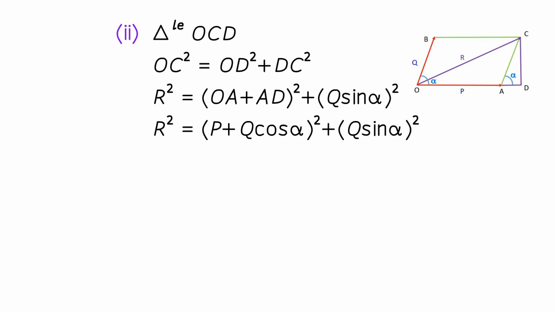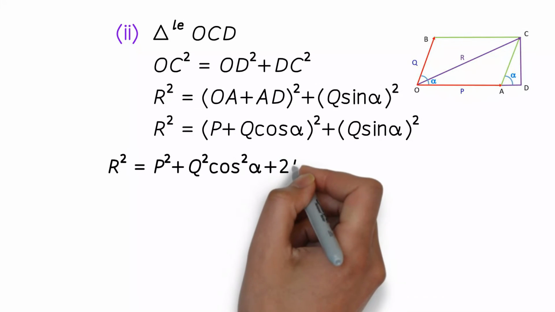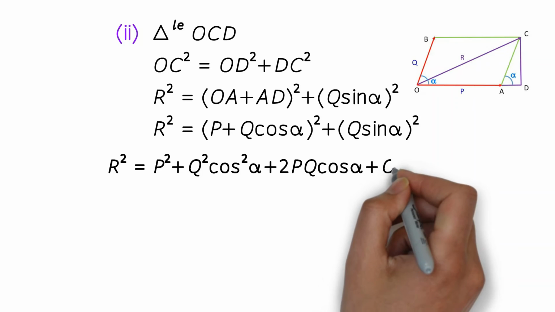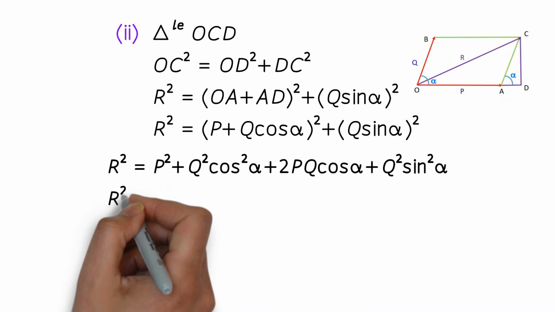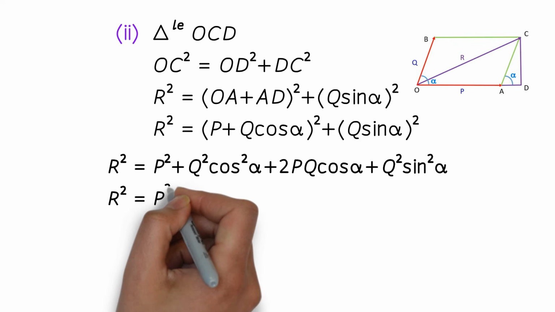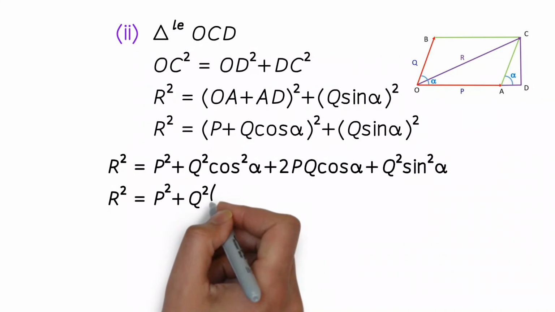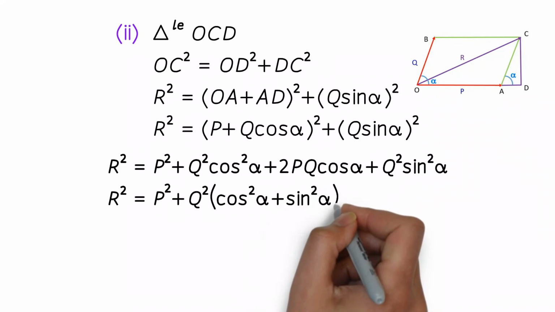By expanding this equation, we will get R square equals P square plus Q square cos square alpha plus 2PQ cos alpha plus Q square sin square alpha, by using the (A plus B) whole square formula. By solving this, we take Q square as common from Q square cos square alpha and Q square sin square alpha.